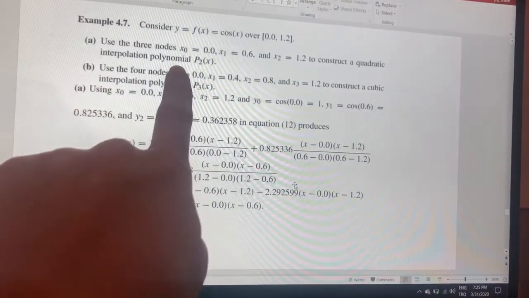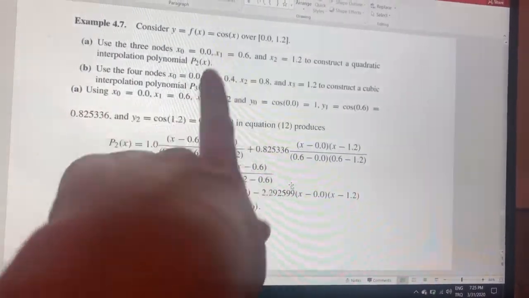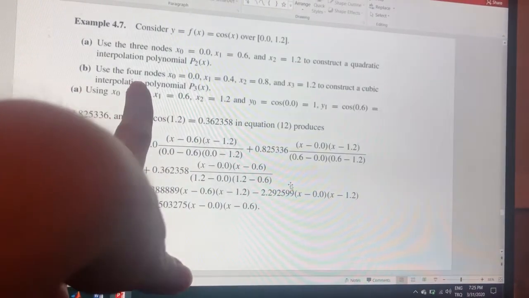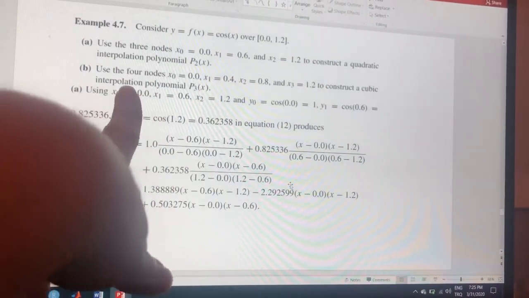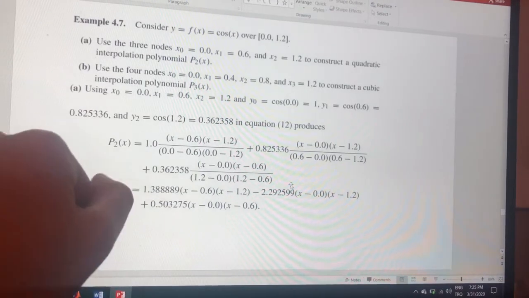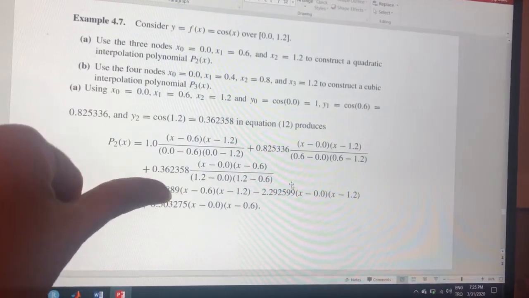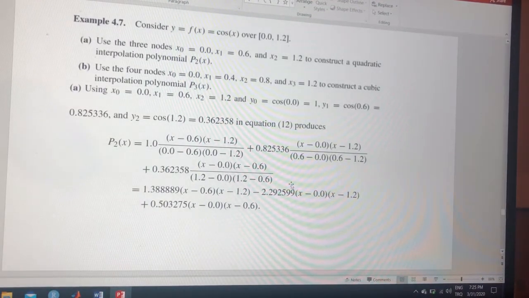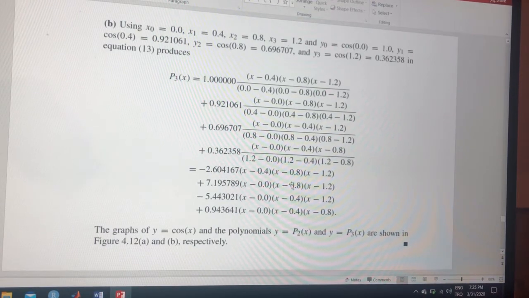And for that, instead of 0, 0.6, 1.2, this time we are using 4 nodes. So we will have a cubic interpolation, which means that our last formula will have an x cubed term. And if you do that, you will of course get closer and closer results to the data set, but the computation is going to be a little bit harder and harder.